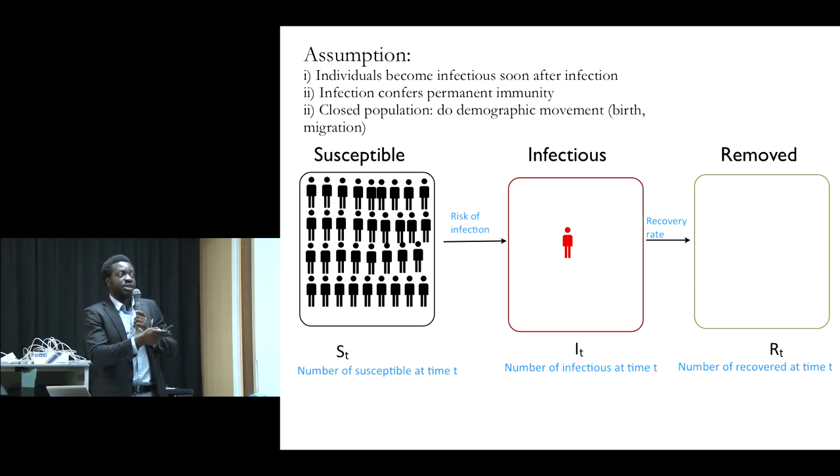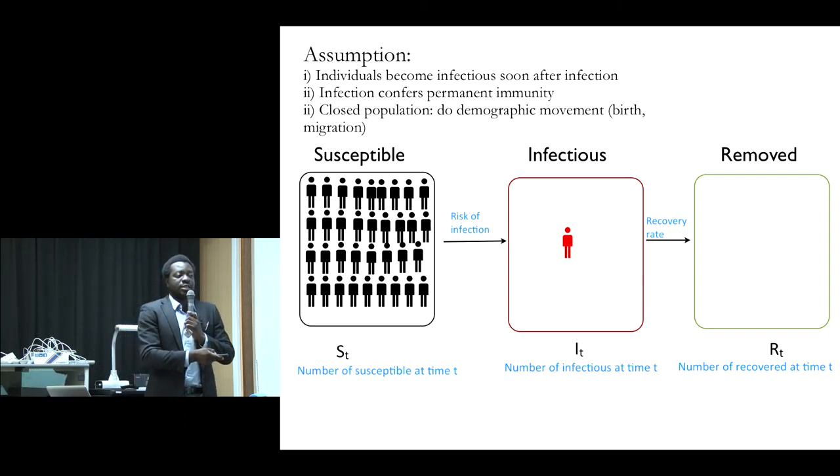We have our assumptions. Remember, we say we have permanent immunity, so if you become immune, you stay there forever. Closed population: there is no entry, no birth, no death, and no migration. And we assume that once you're infected, you become infectious directly.